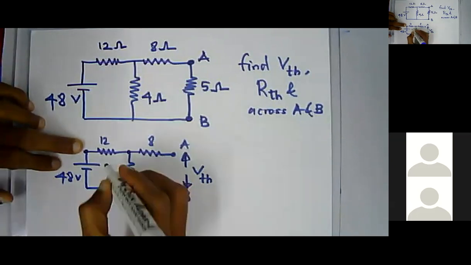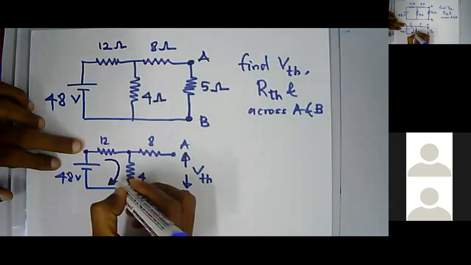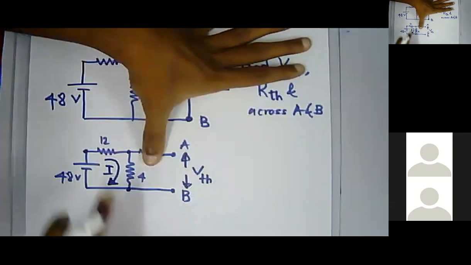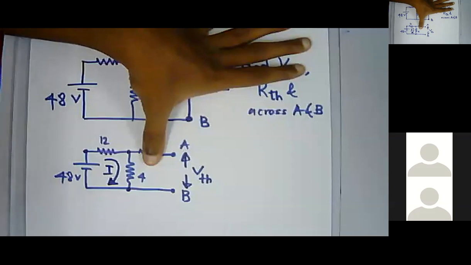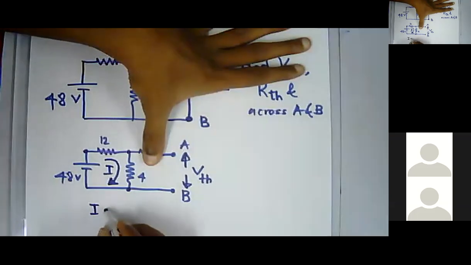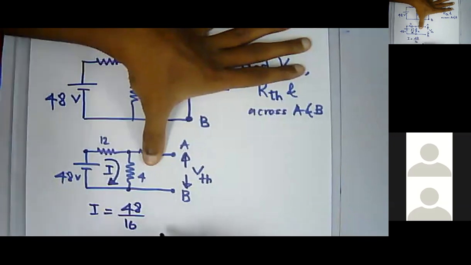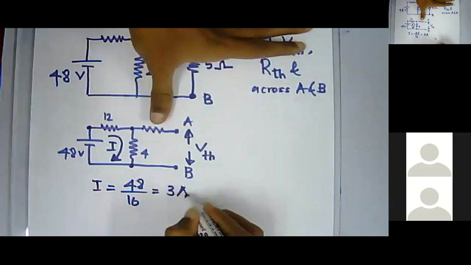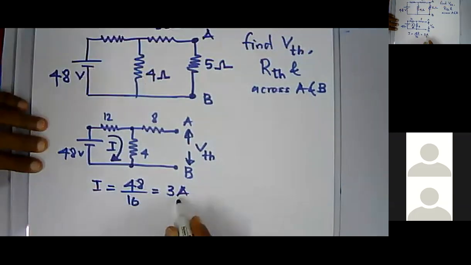Or if it is difficult, let's take the current I. You don't know what I is, but since this is floating, 12 and 4 make 16, so I equals 48 over 16, which equals 3 amperes.